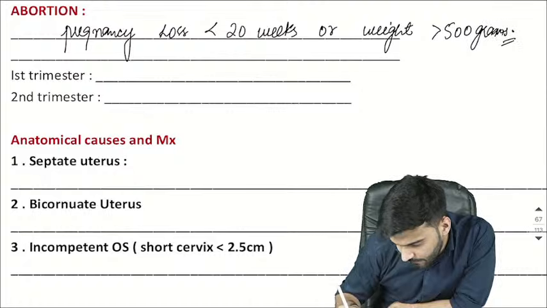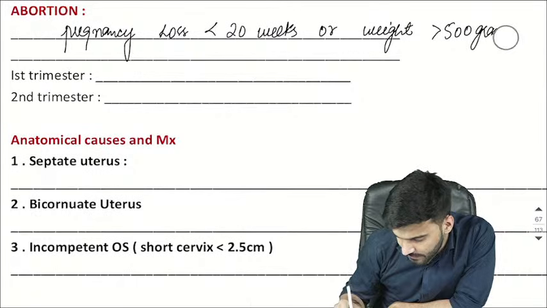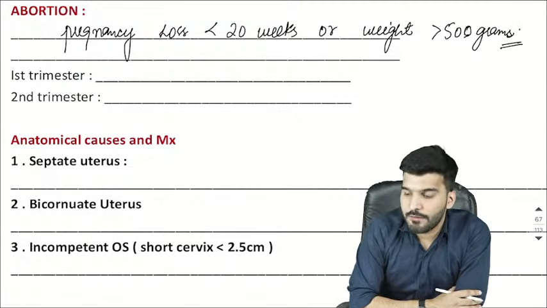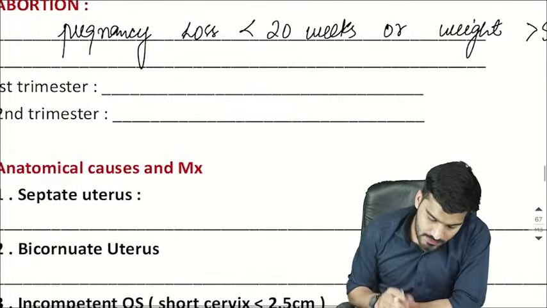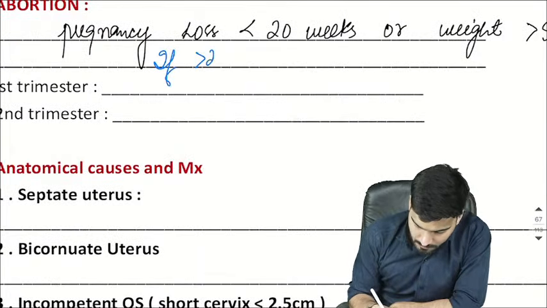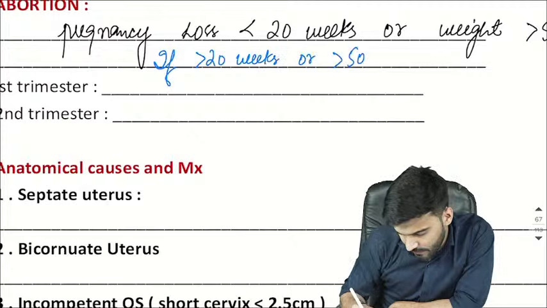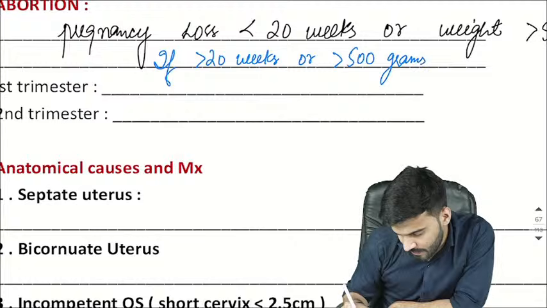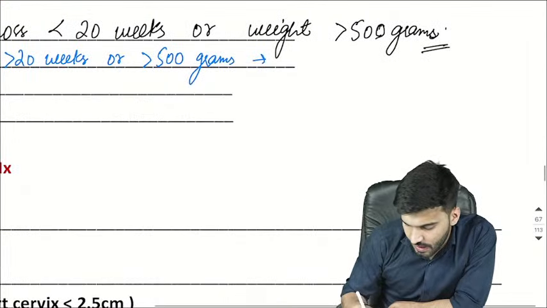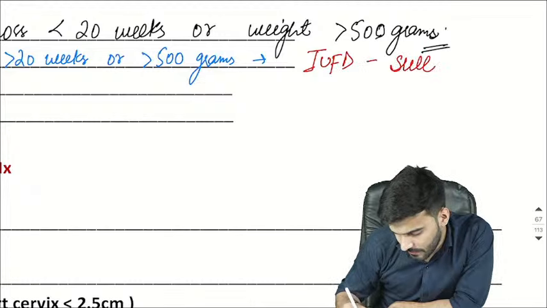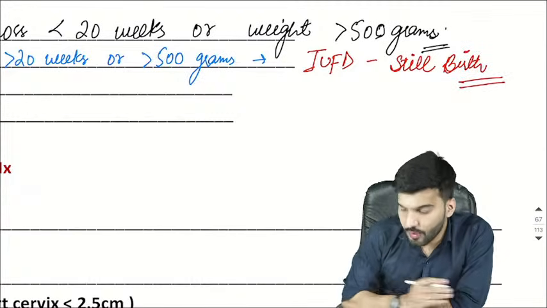If it is more than 20 weeks or more than 500 grams, we call it intrauterine fetal demise or stillbirth. That is the WHO definition.